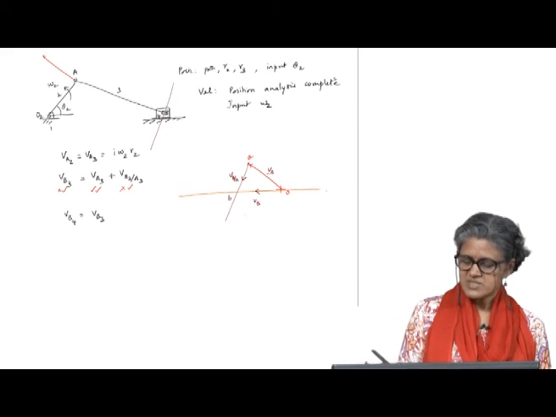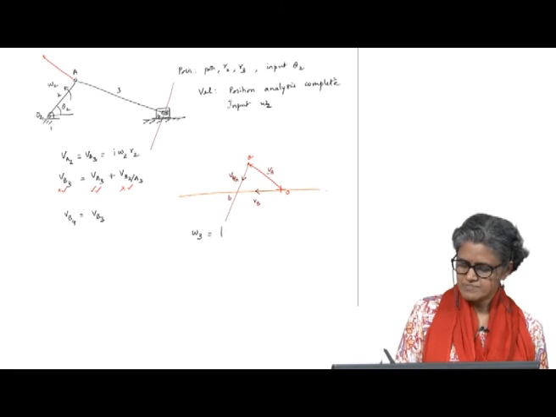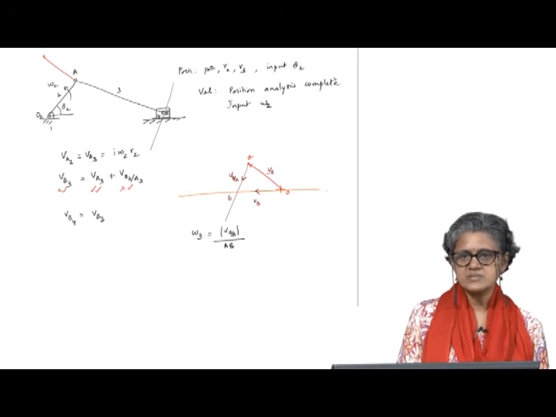From the velocity of B relative to A, my omega 3 is the magnitude of that divided by the distance AB.